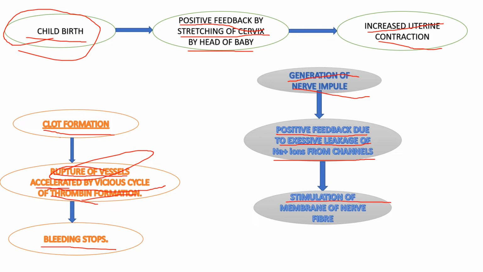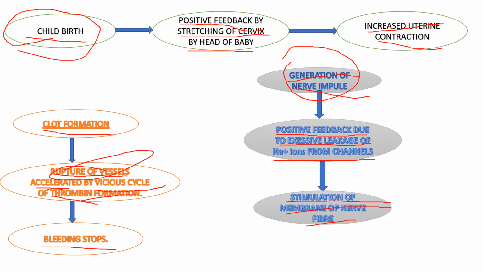Stimulation of the membrane of the nerve fiber. So the membrane of the nerve fiber is stimulated by the excessive leakage of sodium ions from the channels. Positive feedback. And therefore, when the membrane is stimulated, the nerve impulse is generated.